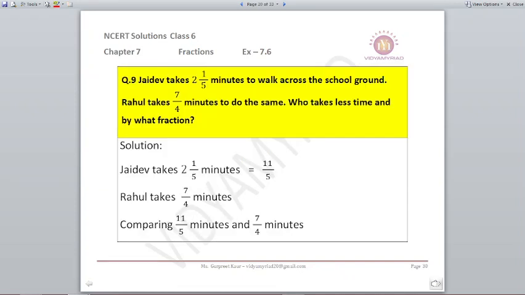Jaydev takes 1 by 5 minutes to walk across the school ground. Rahul takes 7 by 4 minutes to do the same. Who takes less time and by what fraction? Now here Jaydev takes 1 1/5 minutes, which means 11 upon 5 minutes. Rahul takes 7 by 4 minutes. We need to compare between 11 upon 5 and 7 upon 4.